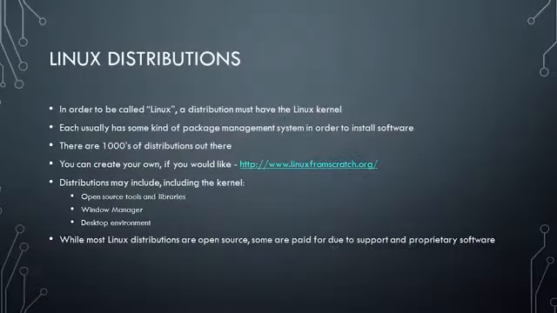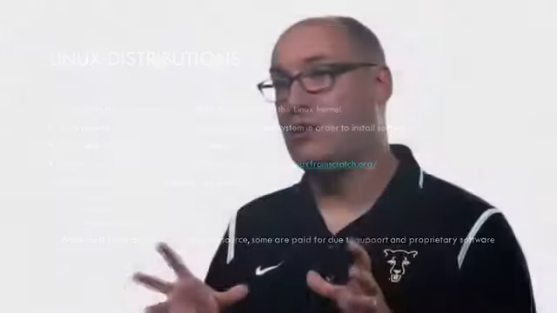So a distribution may also include the kernel, open source tools and libraries, a window manager. A window manager is a GUI interface to the operating system and how we actually interact with the kernel.